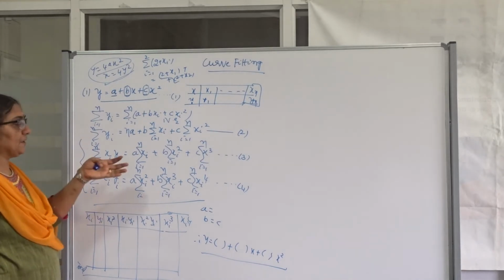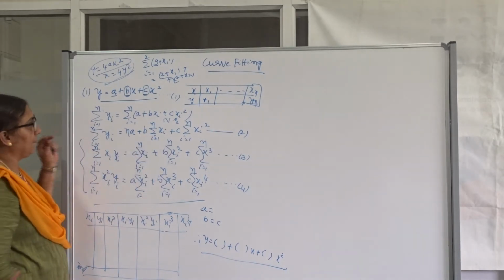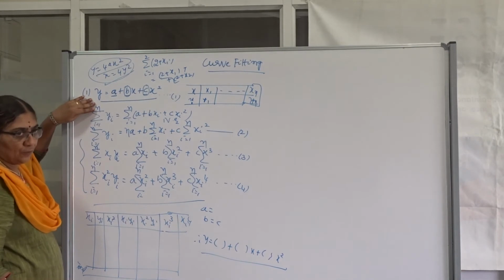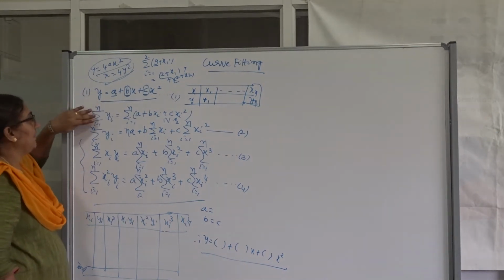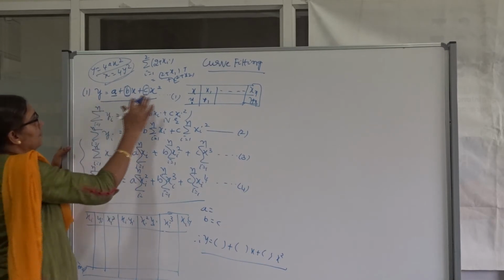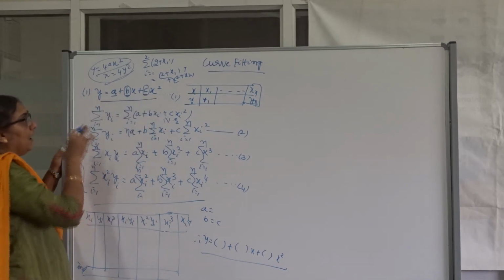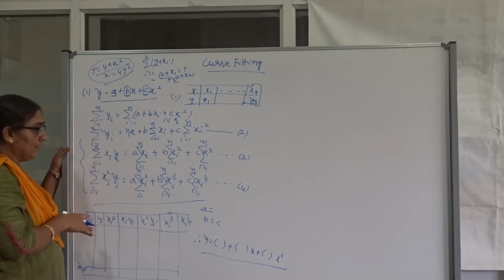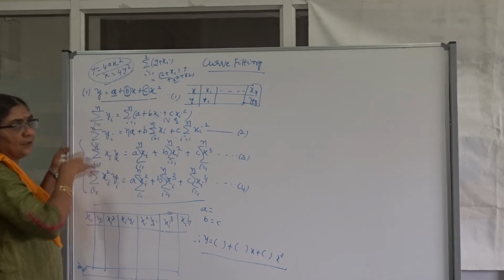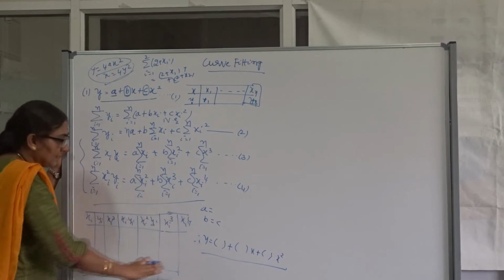Before moving to the next type of curve, first you write the general equation. Observe the general equation of the corresponding required curve. Observe how many unknowns; based on that we get the normal equations. Once you write the normal equations, I already told you two methods for writing them. Then you consult the table.